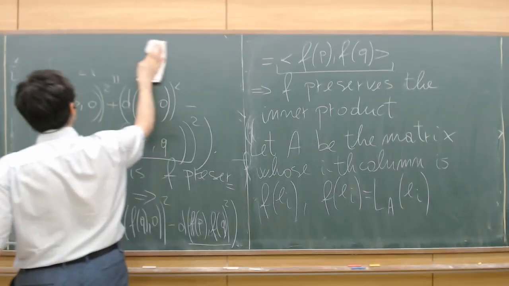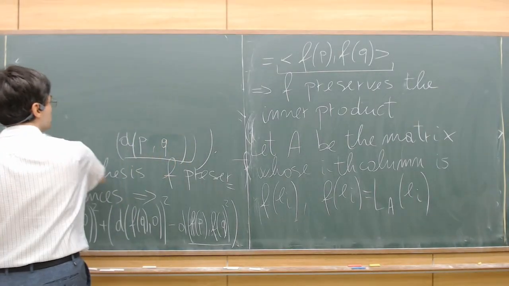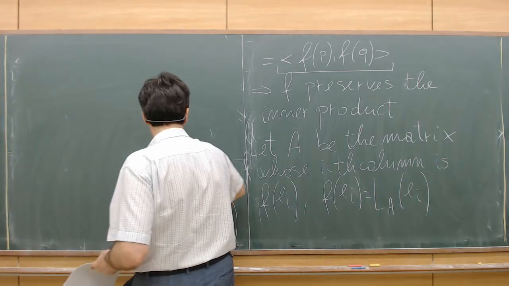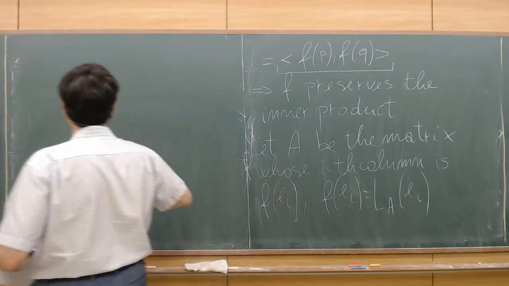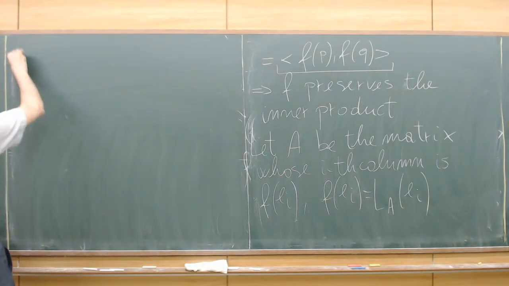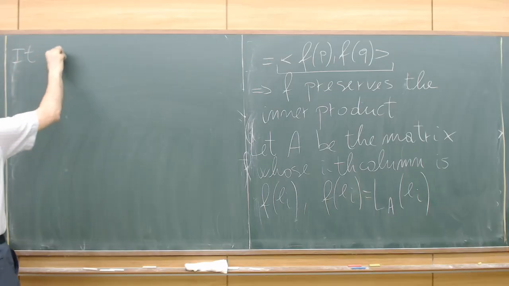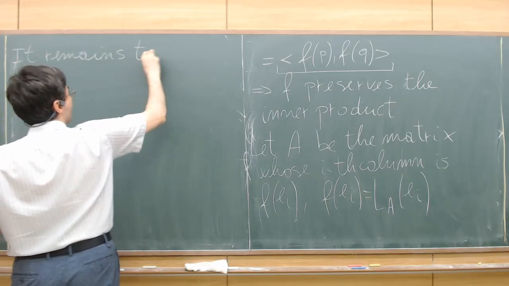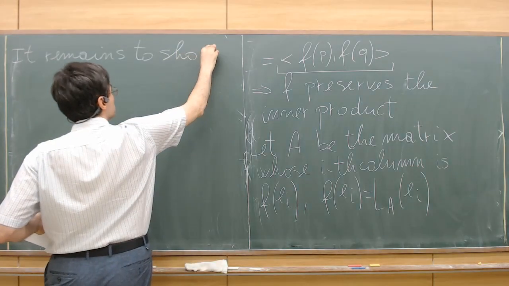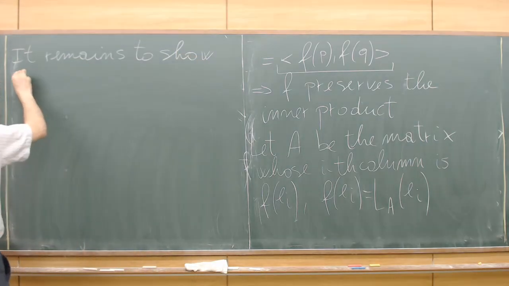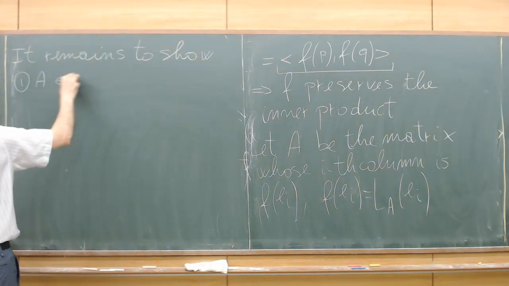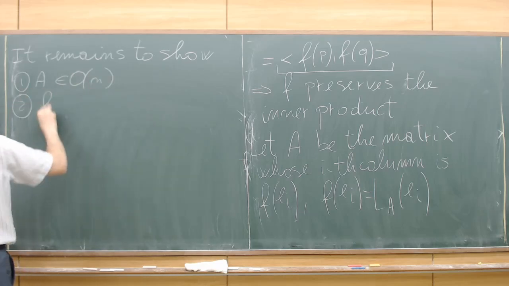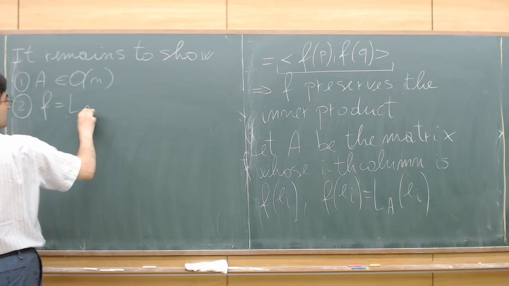We have to prove two things: one, that A is orthogonal, two, that f is LA.